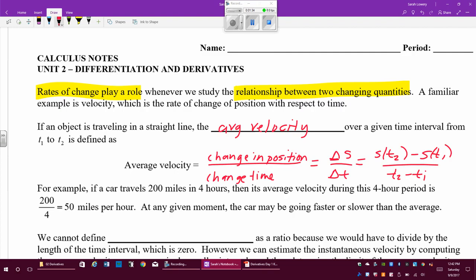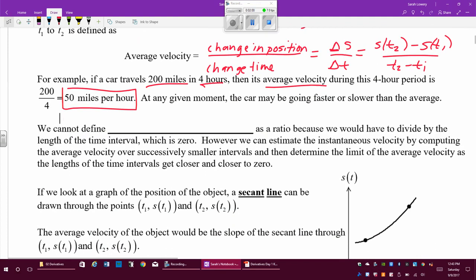A really basic example: if a car travels 200 miles in 4 hours, then its average velocity is going to be 50 miles per hour, change in distance over change in time. That doesn't mean that it wasn't going faster or slower during that 4-hour period. It could have gone faster, it could have gone slower, but on average, its speed was 50 miles an hour.